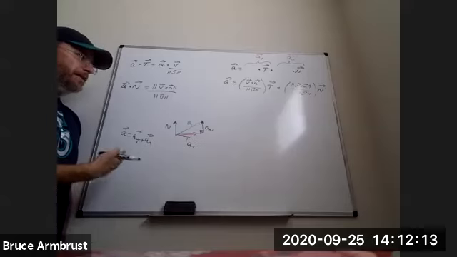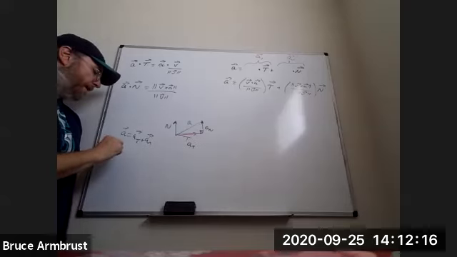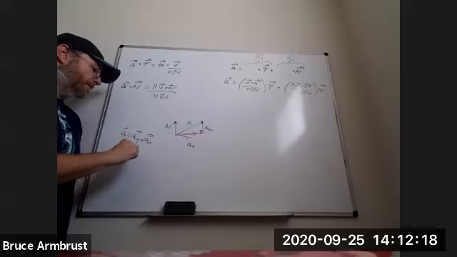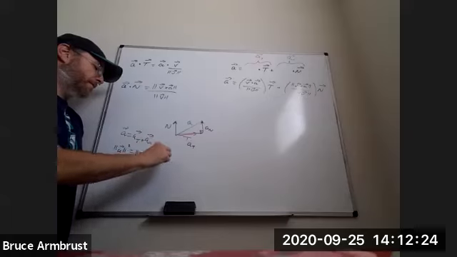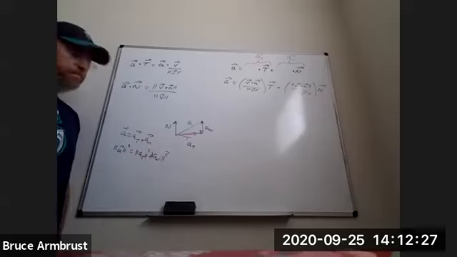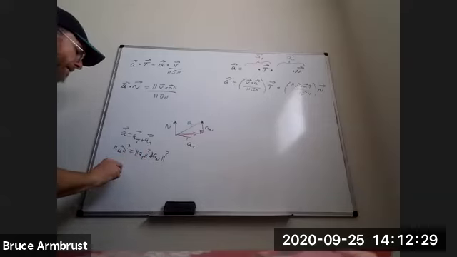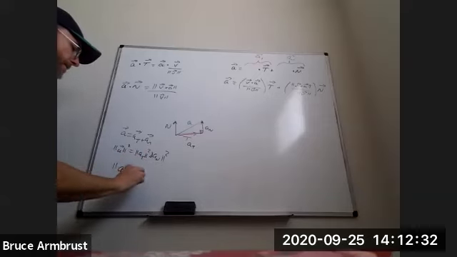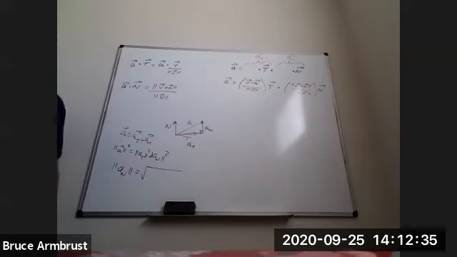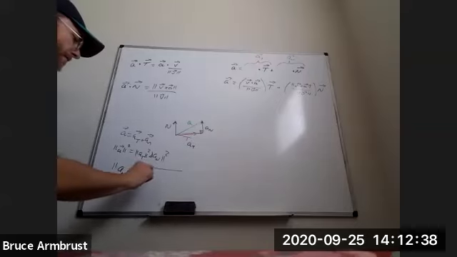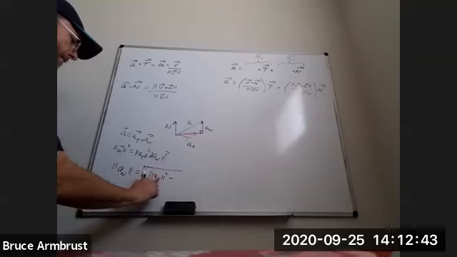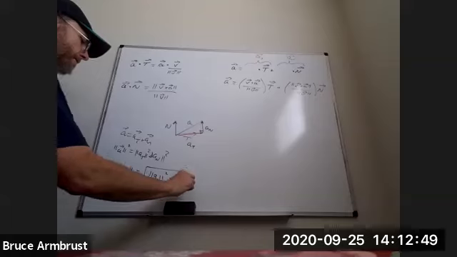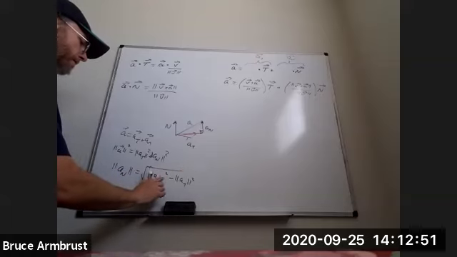So if I want magnitudes, the magnitude of a squared is going to be the sum of these two magnitudes squared, from good old Pythagorean theorem. So if I actually want to get a_N, its magnitude, it's going to be the square root of the regular acceleration magnitude squared, minus the tangential acceleration squared.